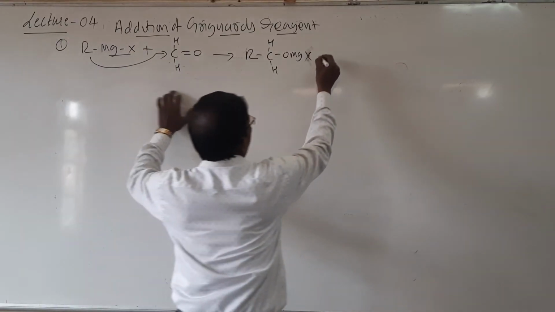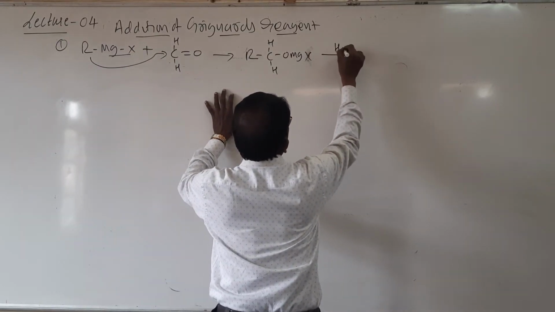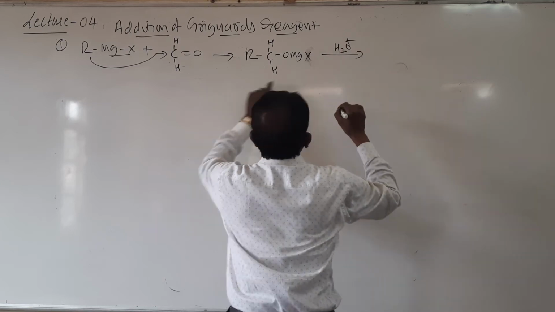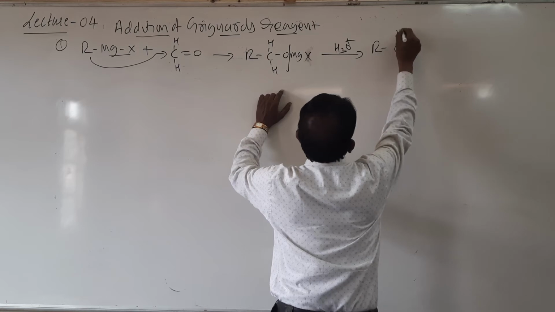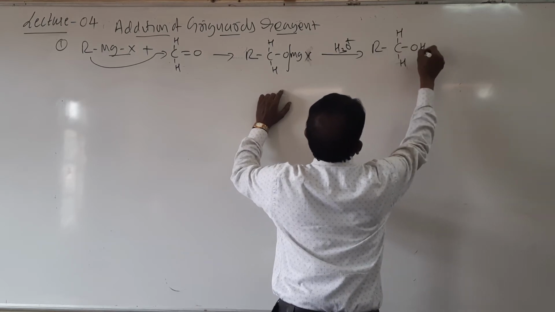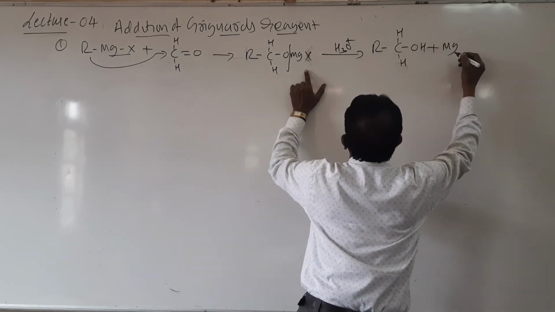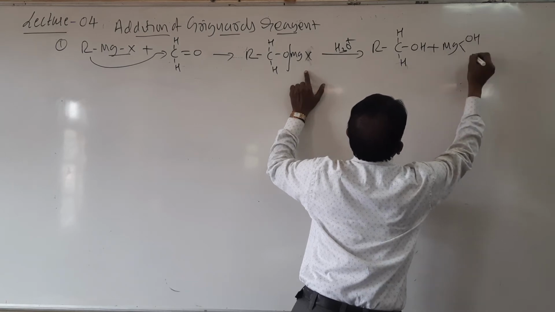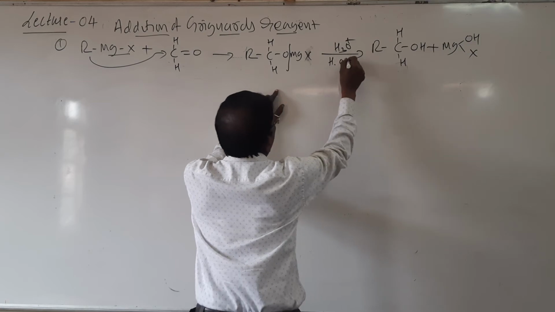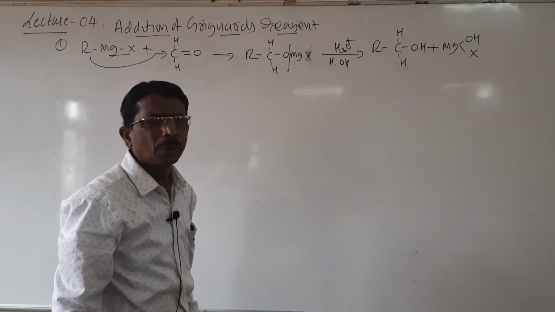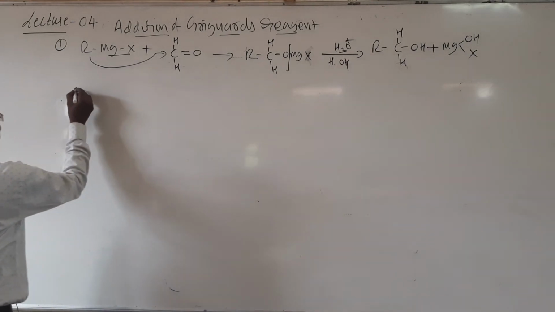And this on hydrolysis, here it breaks and here it forms RCH2OH plus Mg(OH)X. So here it is nothing but HOH. Look here students.